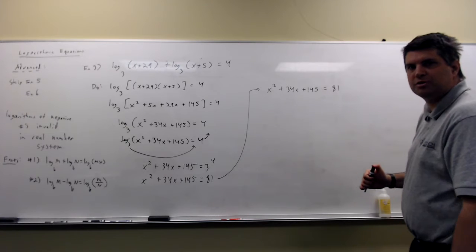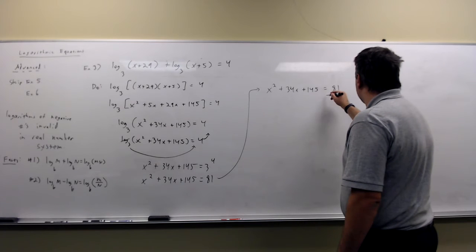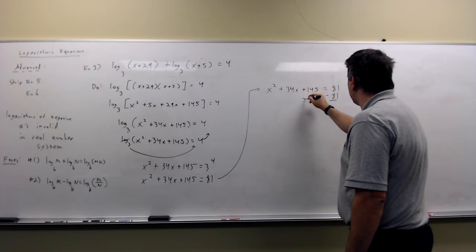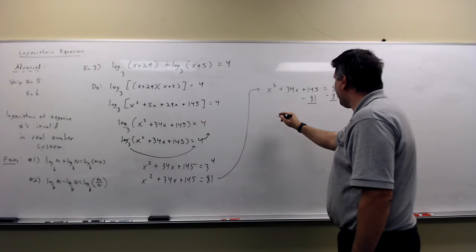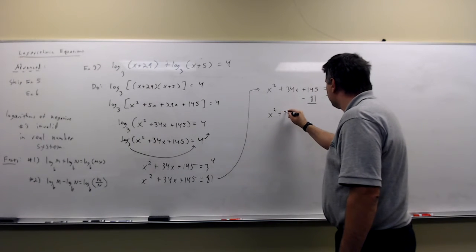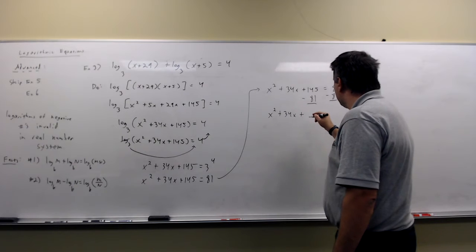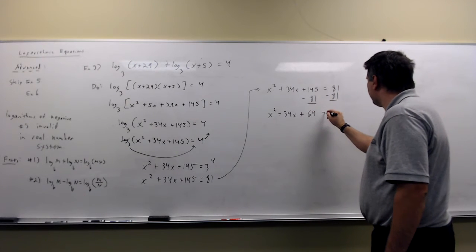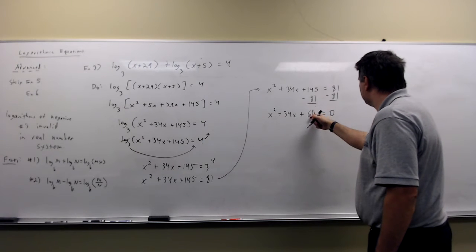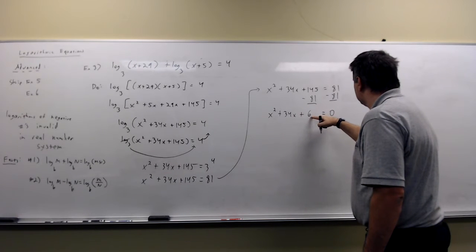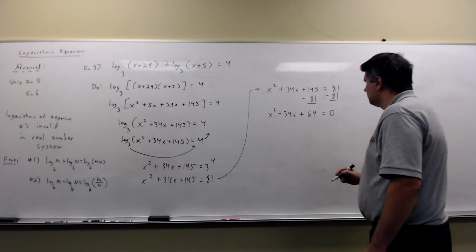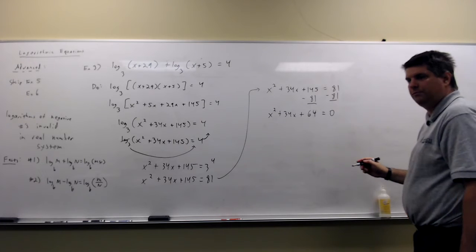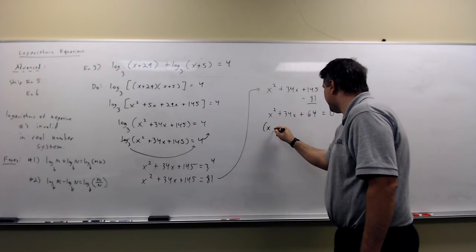Ideally we'll solve these by factoring. So I'm going to subtract the 81 to bring one side to 0. And we have x squared plus 34x plus 64 equals 0. So I got x and x.